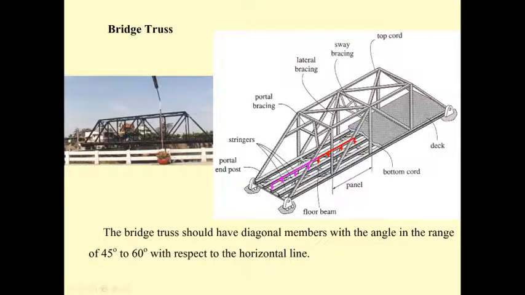So the floor beam is going to have 1, 2, 3, 4, and 5 points. No, actually, this one is supposed to be a member of the truss. We do have 3 points, 1, 2, and 3. And then the reaction from the floor beam will transfer to the joints of the truss.